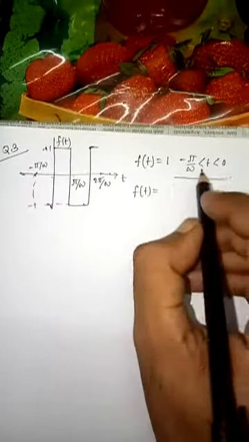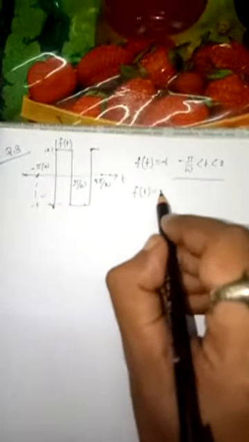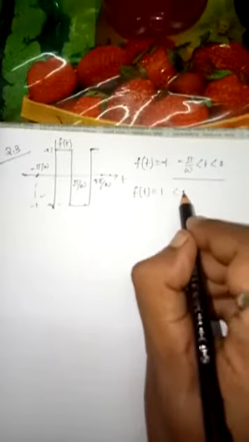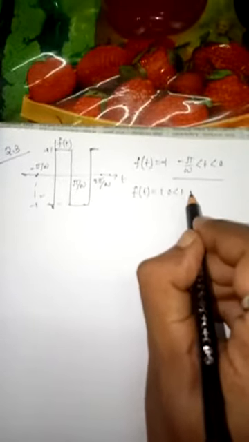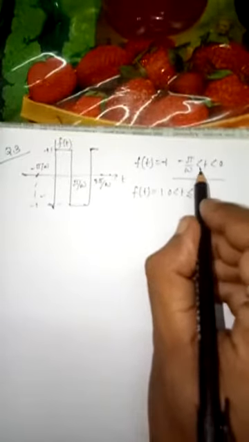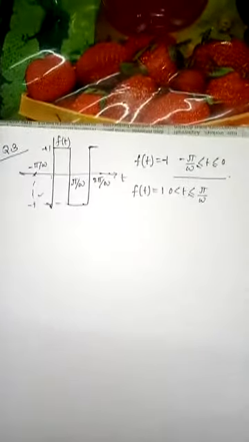So if it is like this, minus pi to 0, it should be minus 1 like this one, and if it is 1, so that f of t is lying between that range. Okay, so there is a range.